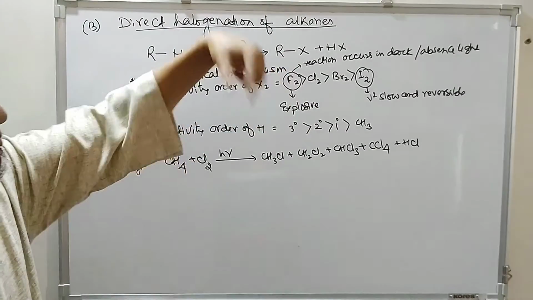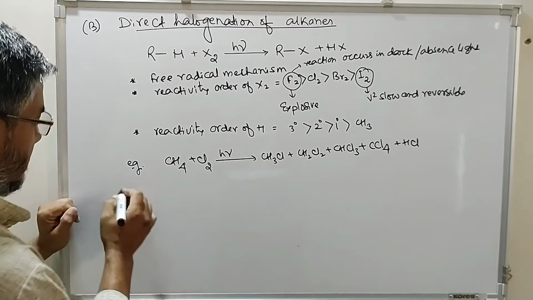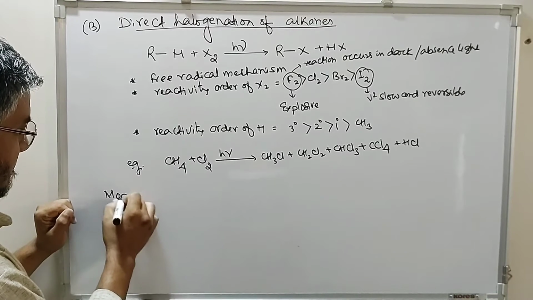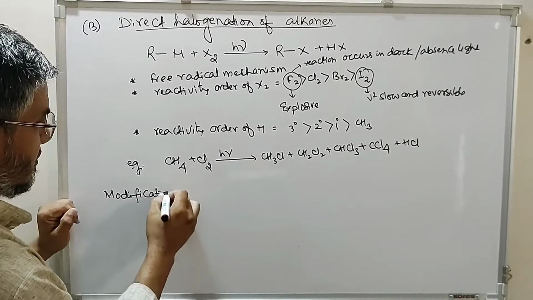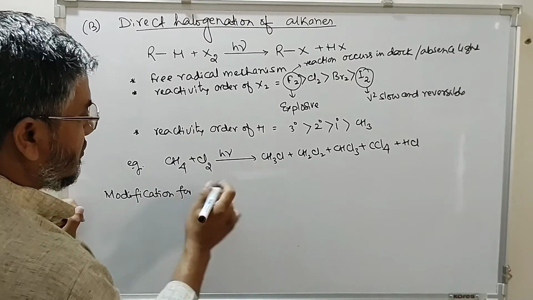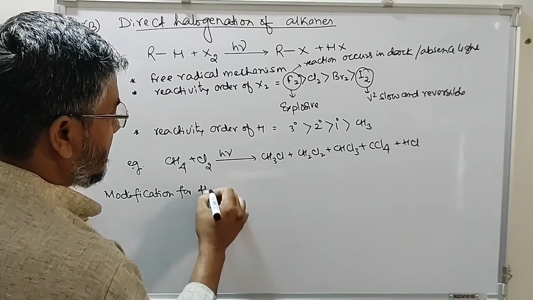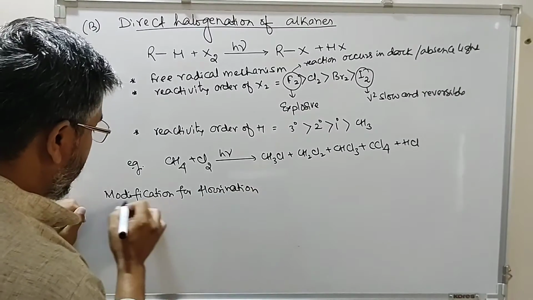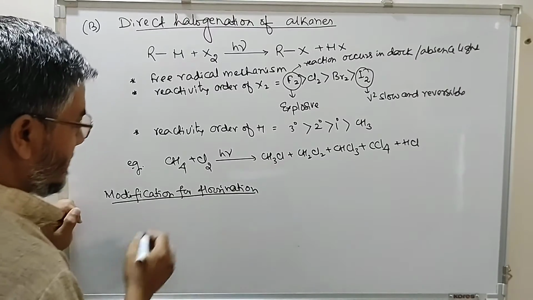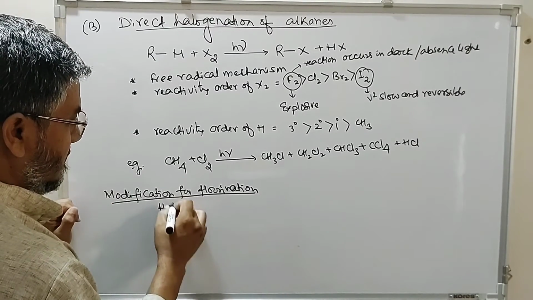Now we'll discuss some modified methods for iodination and fluorination. Modification for fluorination, means alkyl fluoride. This method is known as halogen exchange method.